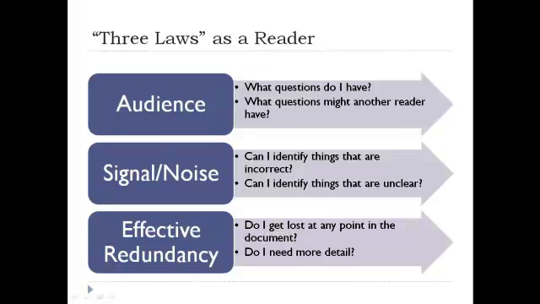Another way, and this is one that we're always sort of looking for, is identifying things that are incorrect. So, we think when we're giving feedback on writing that we're always looking for grammar and punctuation and that kind of thing. But you can also identify things that are unclear for your teammates, and you don't necessarily have to know exactly how to fix all of those.